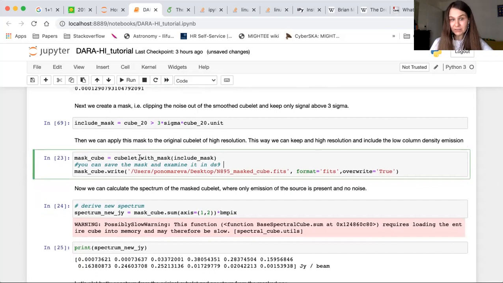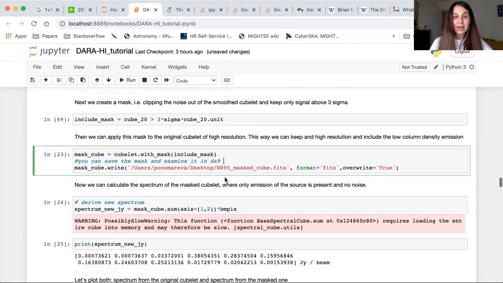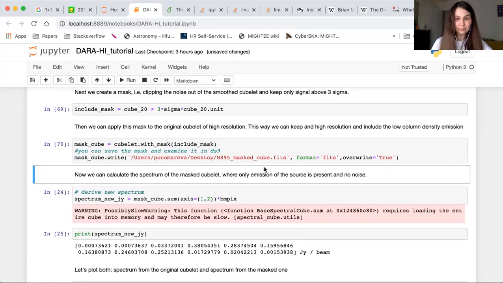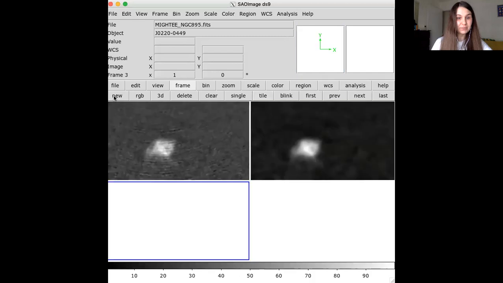We create a mask cube, which is this cubelet of original resolution, but now we say with mask, and we include the mask which was done based on the smooth cube. And then we can write down our mask cube and see how it looks. We can go here, we say frame new.